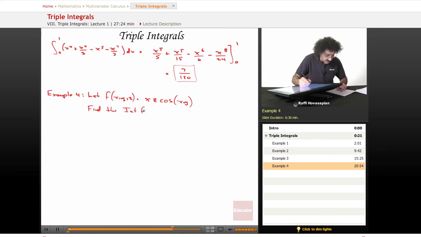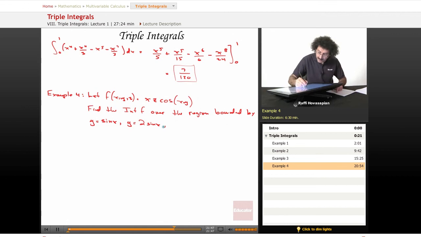the integral of f over the region bounded by y equals the sine of x, y equals 2 sine of x, x squared plus y squared plus z squared equals 4, and z less than or equal to 0.